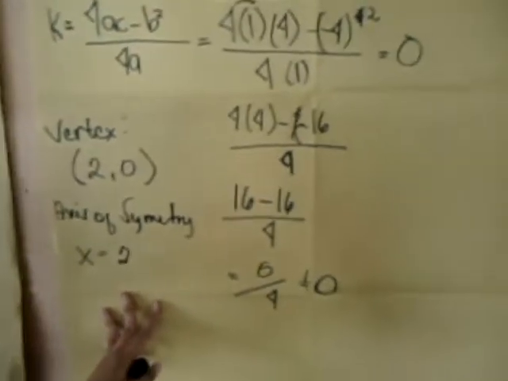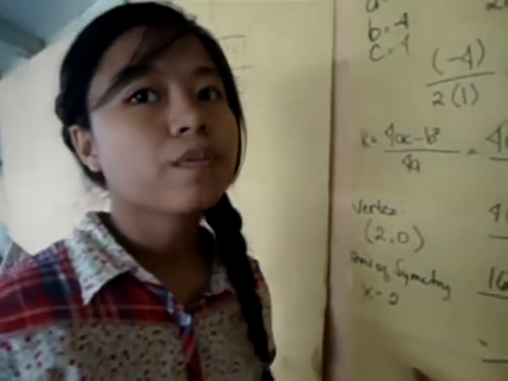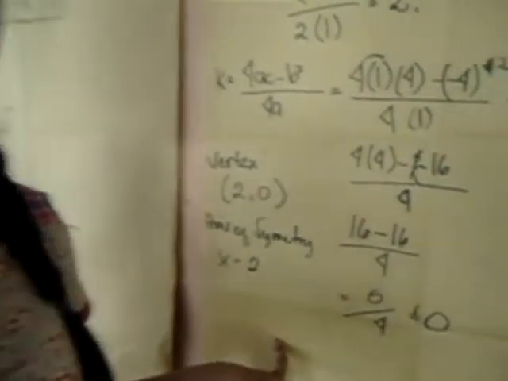Now, find some representative points. Plot them and draw a smooth curve from the leftmost point to the rightmost point.